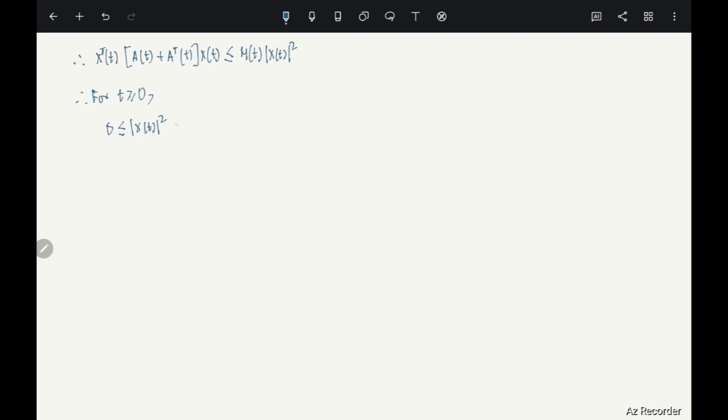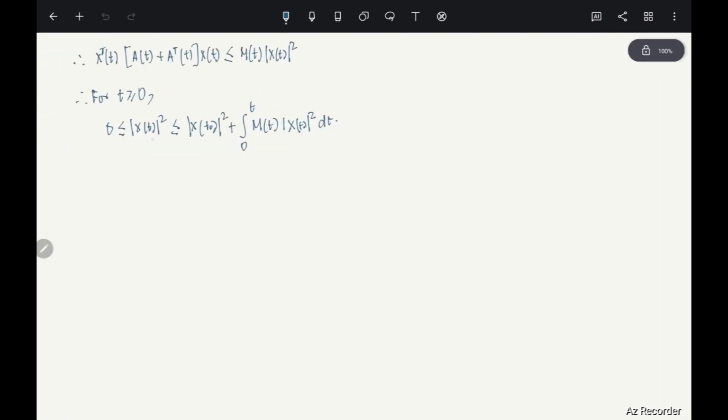And then these will be dominated by x at the point t0 squared plus the integral from 0 to t of m(t) x(t) squared dt, right? I'm just replacing this thing.